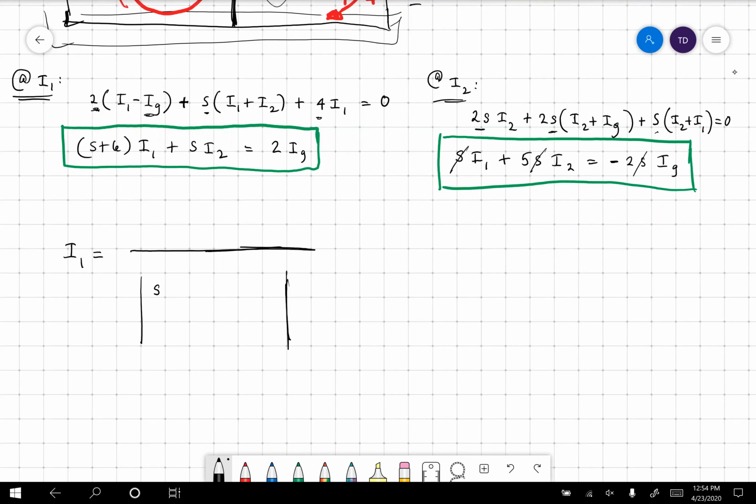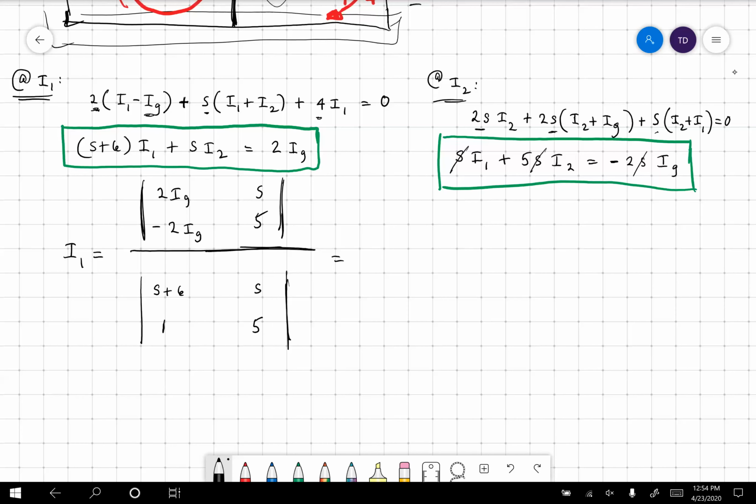First equation, S plus 6 here, S over here. Second equation, 1 here, 5 here. Wow, that looks pretty cool. In the numerator, we're solving for I1, so we're going to replace that column. Copy this one over, and now replace that column by the right-hand side: 2IG, minus 2IG. This looks way easier than I expected.